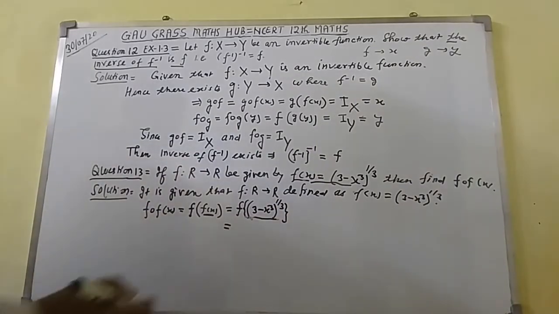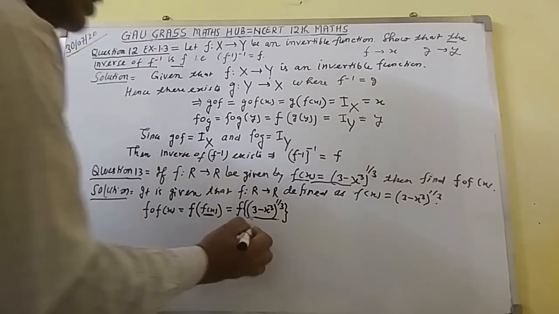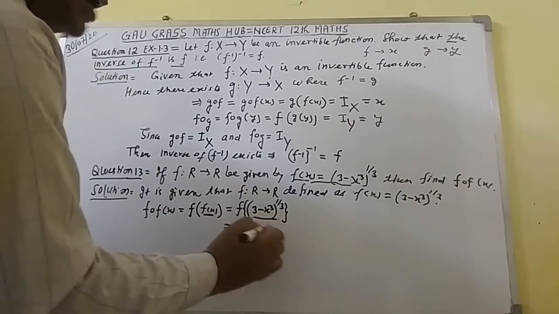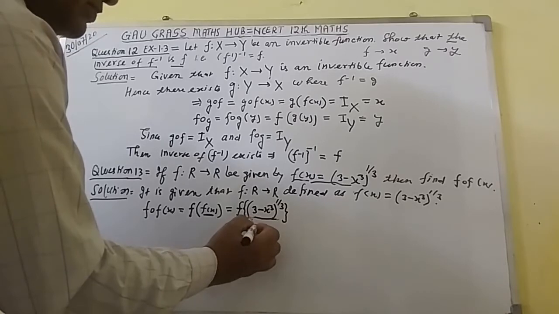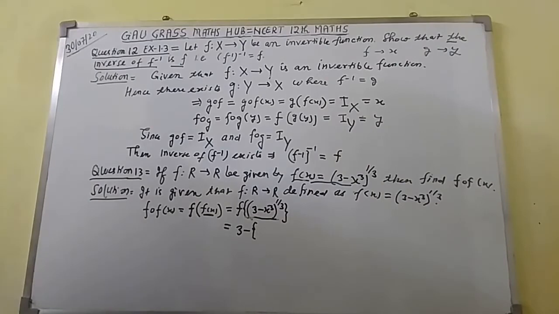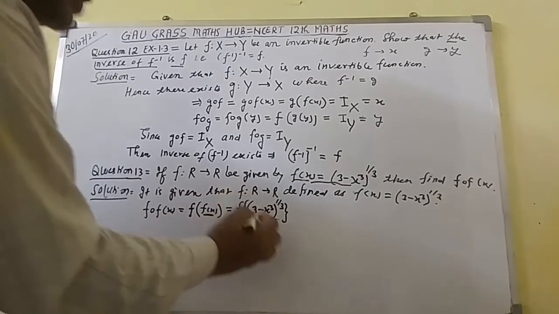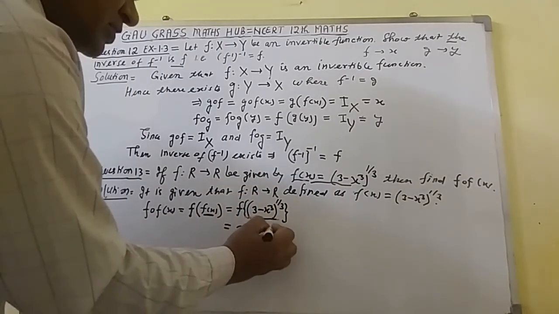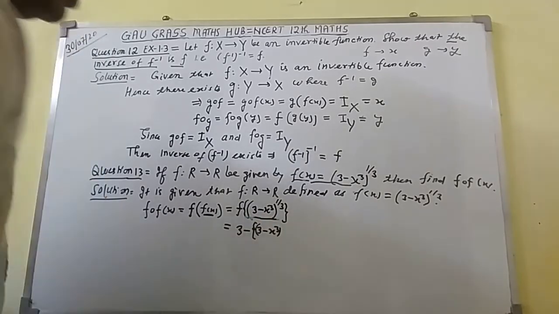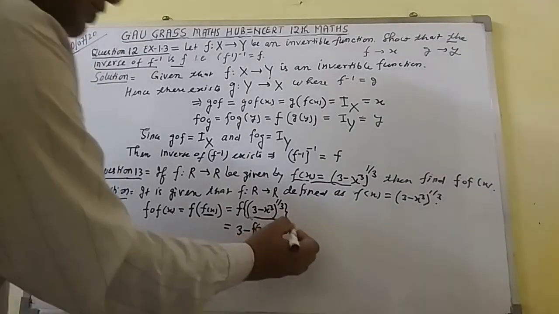So what to do next? Next you will write this one, 3 minus, and in place of x you will write this complete value. Be very careful in writing. Open the curly bracket, and in place of x I am going to write 3 minus x cube, after that raised to power 1/3, curly bracket closed.